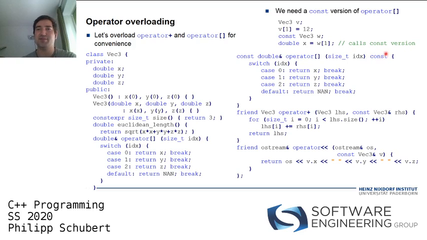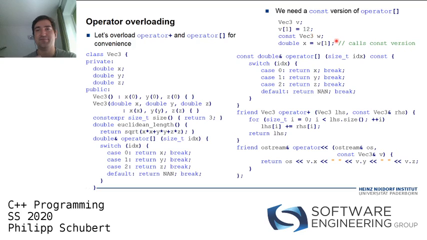But this const here means that this operator or member function in general does not modify any of the internal data, meaning any of x, y, z. So if a user uses this operator or a member function declared const, then this member function does not modify the state of the object, and therefore it can be safely applied to a const variable.